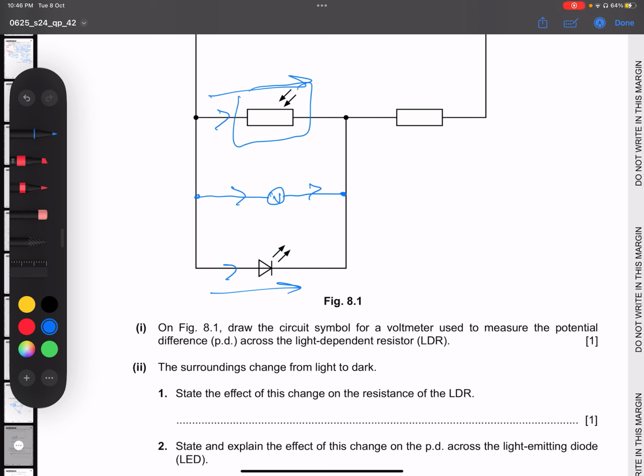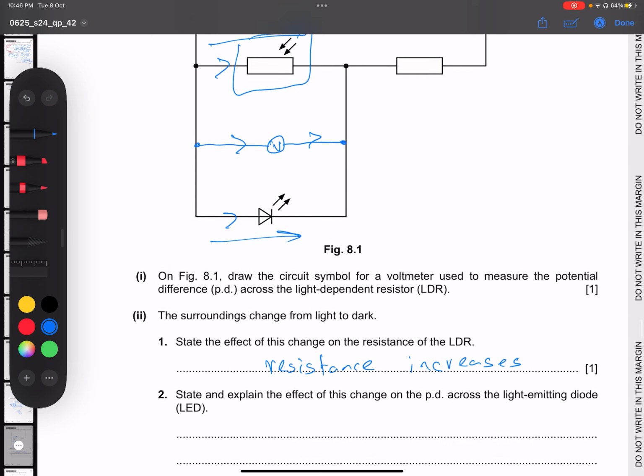When there is a change from light to dark, the resistance of the LDR increases. So it is an inverse proportionality with the light intensity. When the light intensity reduces, the resistance increases.